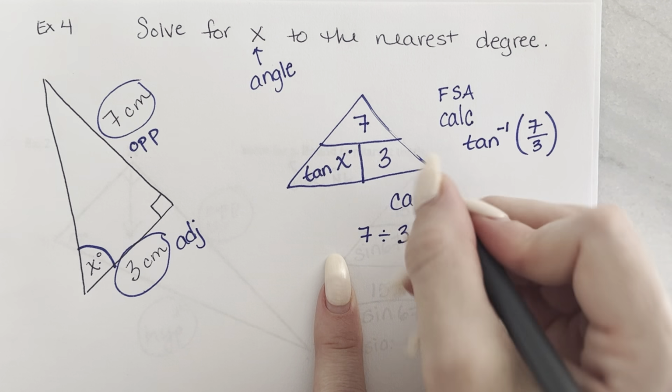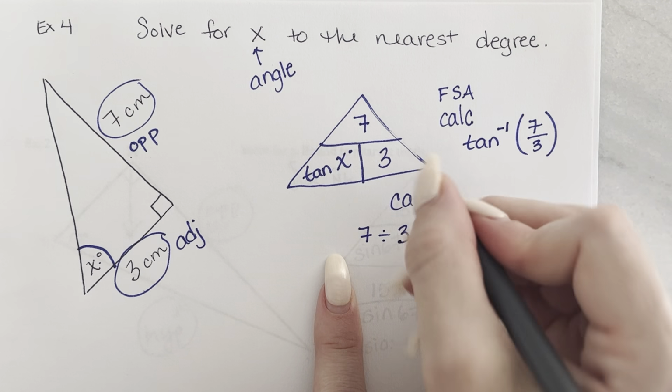You do have to hit equals right here. So 7 divided by 3, hit equals. So turn that 7 divided by 3 into a decimal. Make that a decimal, and then hit shift tan, and it'll give you the answer.